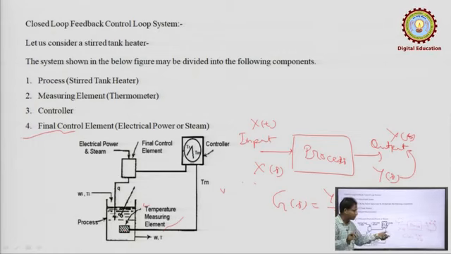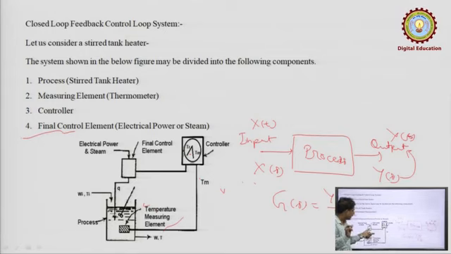So, what is Tm? The measured temperature, that is 40° centigrade, and Tr is the set point temperature which you give, 60° centigrade. So, what is the error? The error is basically Tr minus Tm, means 60 minus 40, that is 20° centigrade.